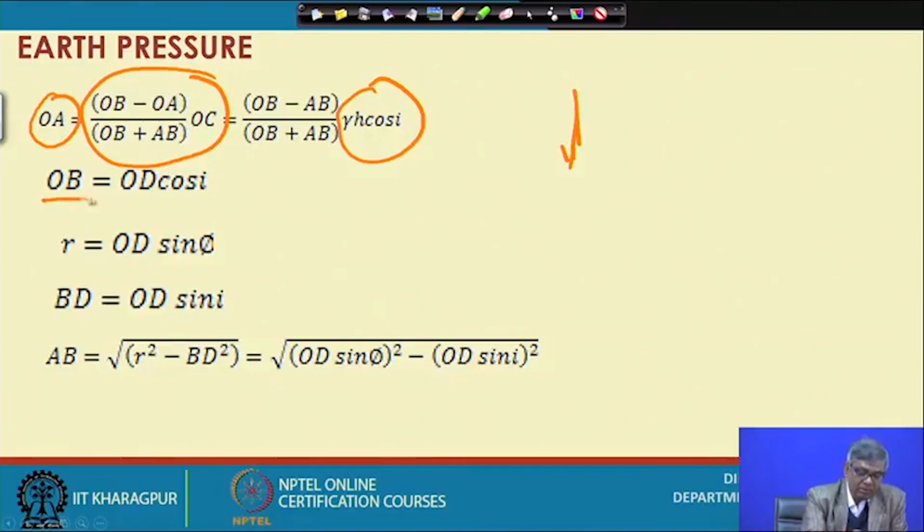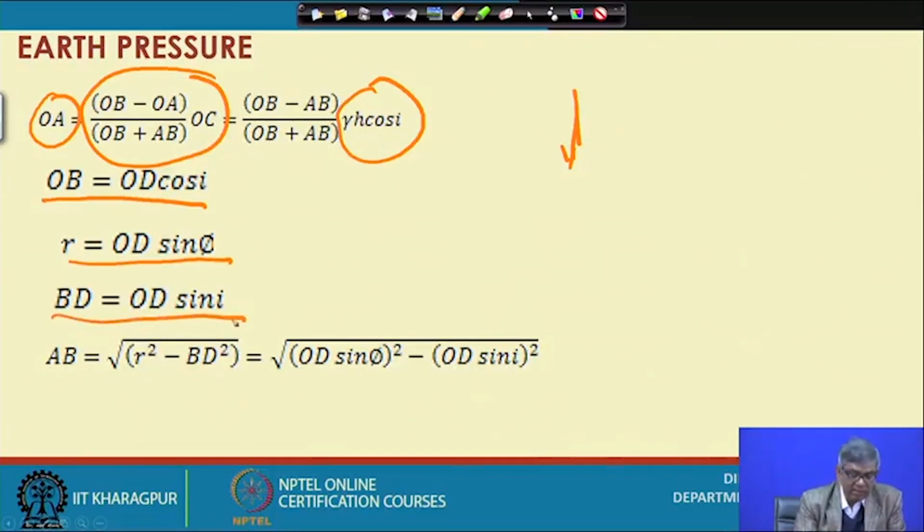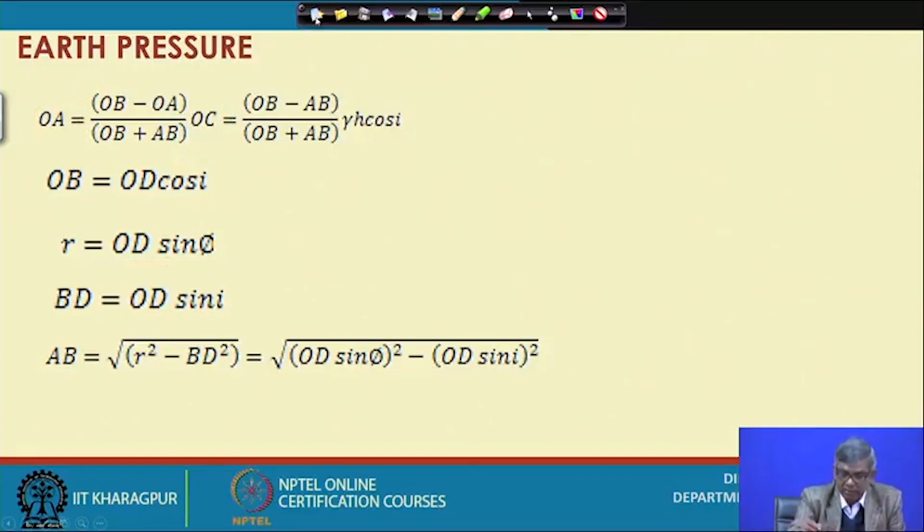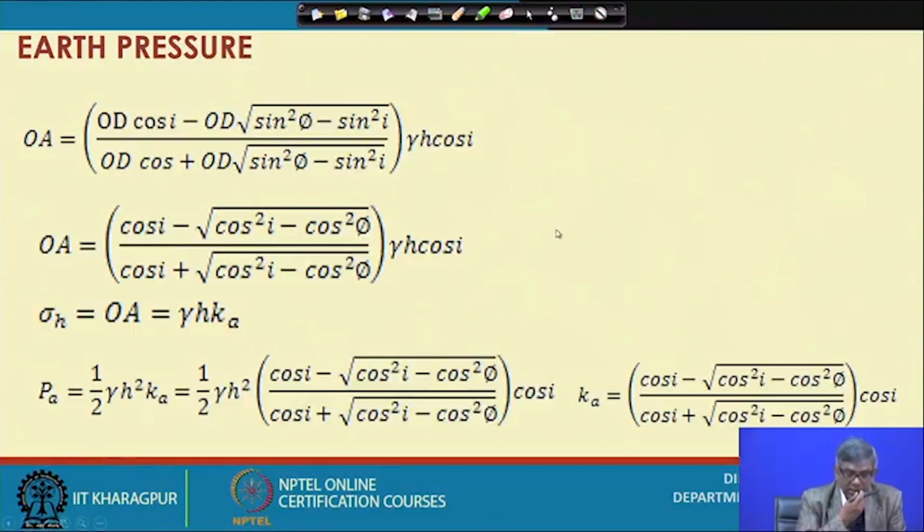And then OB, if I go back to the diagram, OB equals OD cos i, R equals OD sin i, and BD equals OD sin i. So then AB equals this. These are all the things we can get from the geometry, and once we get this, we substitute all in this way.